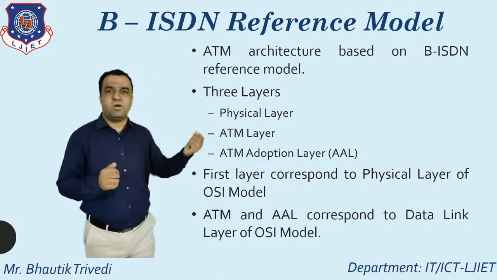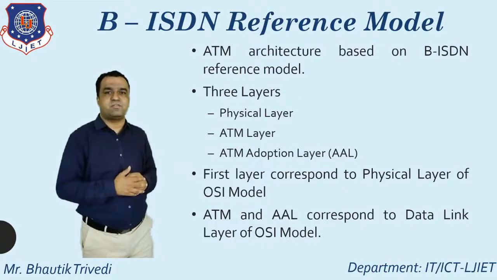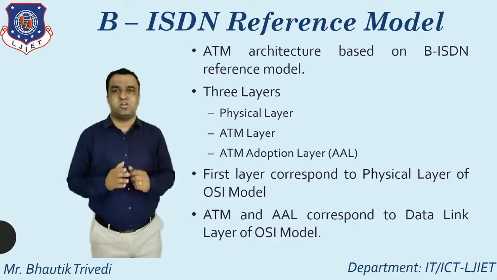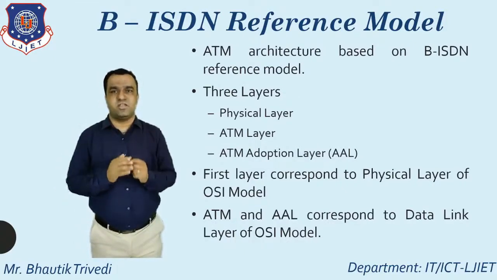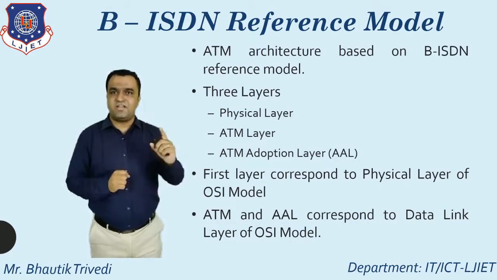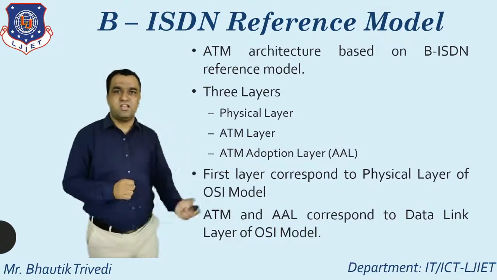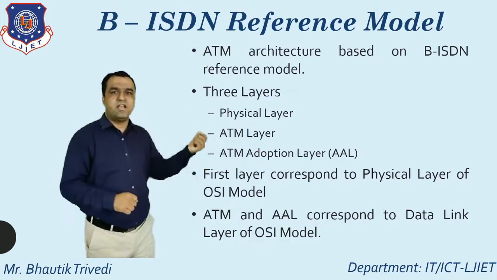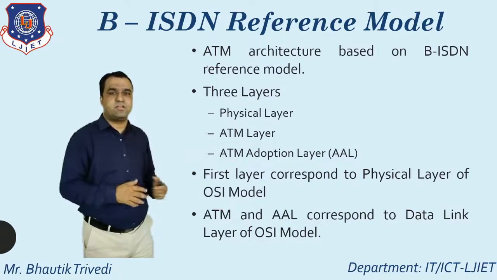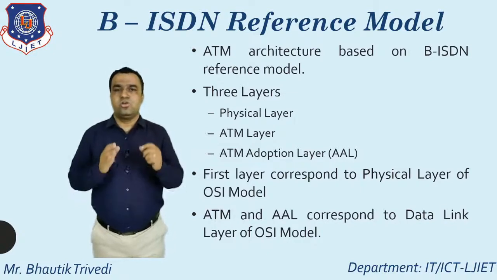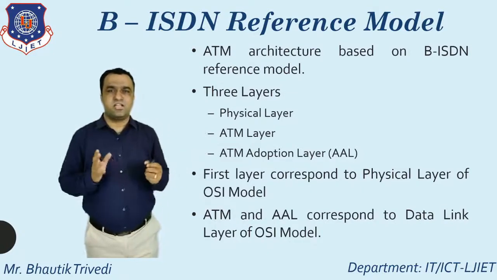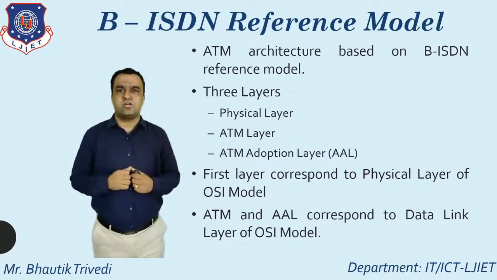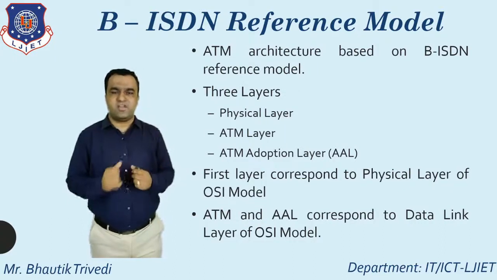The ATM layer and the ATM adaptation layer directly correspond to the data link layer of the OSI model. Again I repeat, you must remember this. So that is the normal introduction of the BISDN reference model.